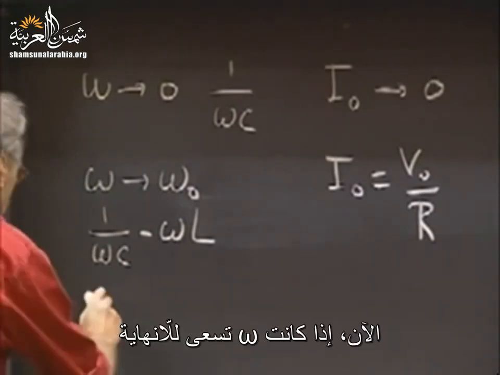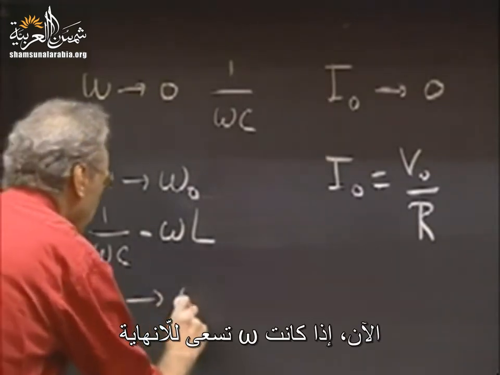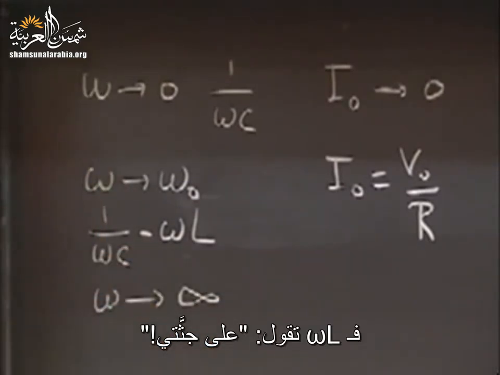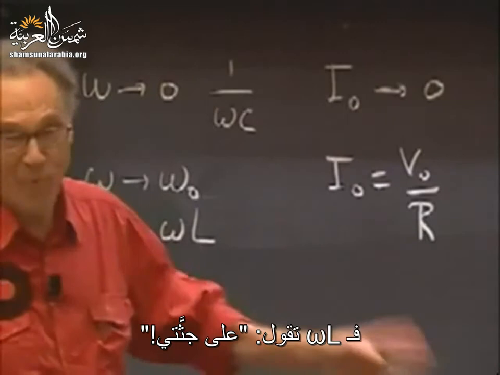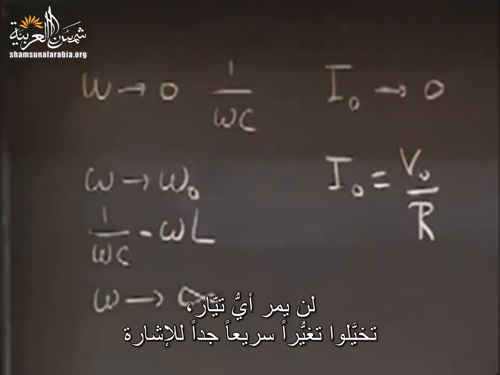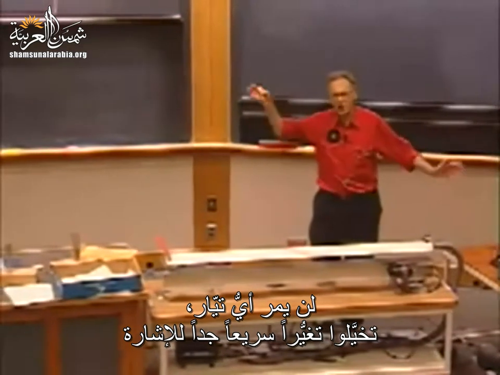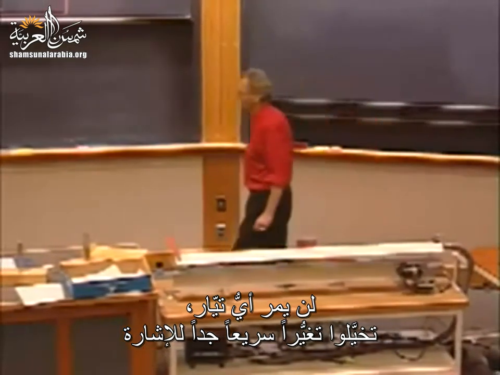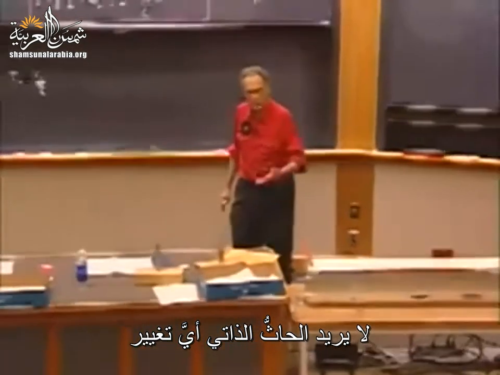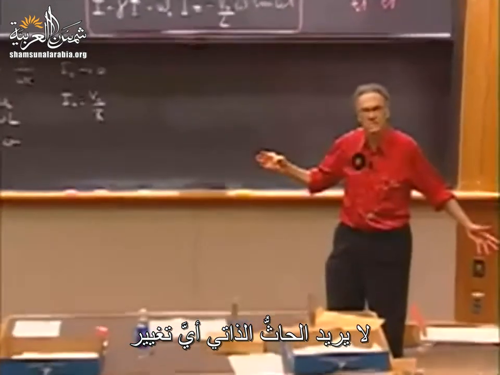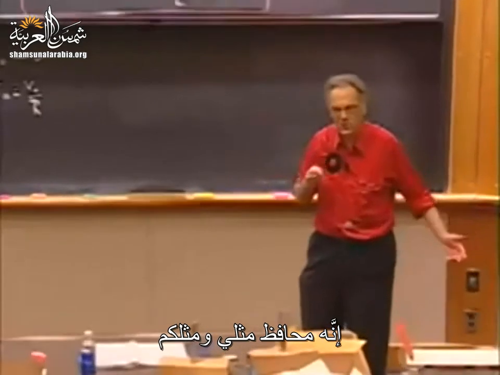Now if omega goes to infinity, omega L says, ha ha, yeah, over my dead body. No current ever. Imagine a very fast changing signal. That's what the whole self-inductance is about. It doesn't want any changes. It's conservative, like you and me.